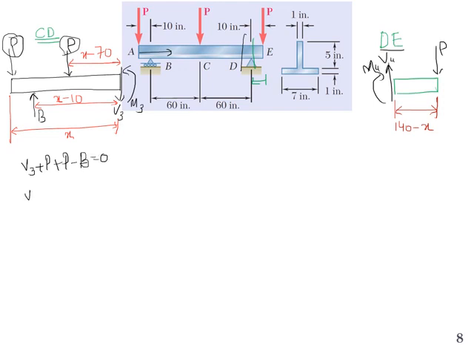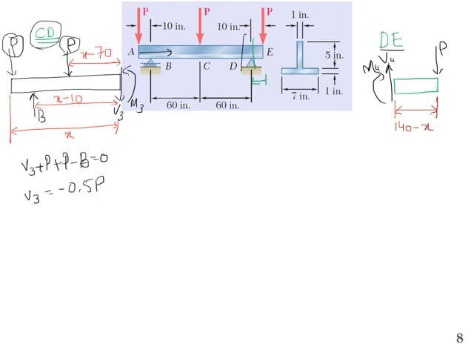And V3, simply putting the value of B in this equation, will be minus 0.5 P. And this will be a constant throughout CD.